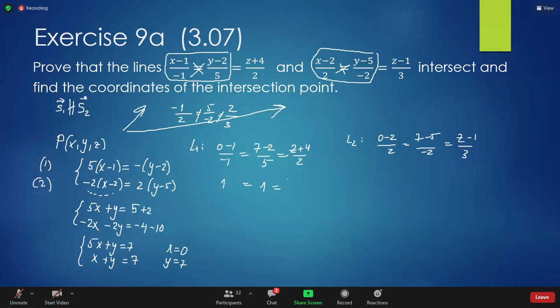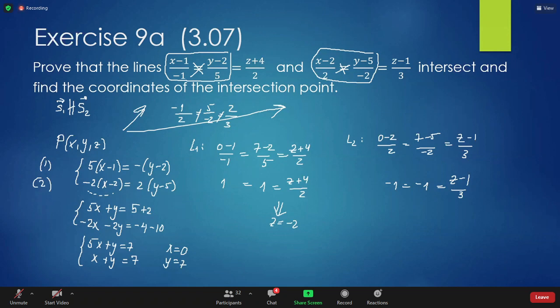From this, we see that z should be minus 2. If z is minus 2, then we have 2 over 2 is 1. From the second line, we get minus 1, and of course it has to be equal to (z minus 2) over 3. And from this, we see that in principle we should have z value minus 2.